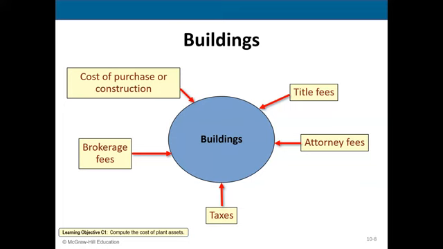So buildings and equipment depreciate. The only thing that does not depreciate ever is land, the actual dirt. I'll explain why in a second. So the cost of the building includes all of these things together.